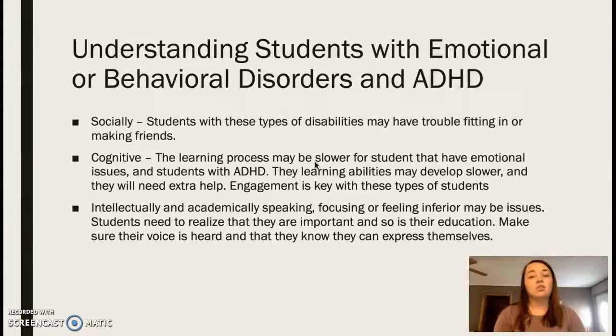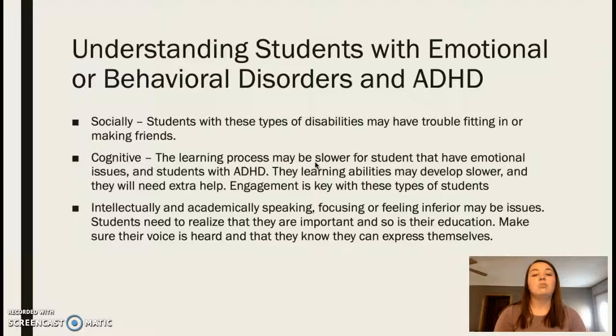So I feel socially it's very important to make sure that students with ADHD can be grouped with students that they feel comfortable with, and the students that they feel they can make friends with. It's just really important to make sure that they have a good social standing where they can feel comfortable in their learning environment.